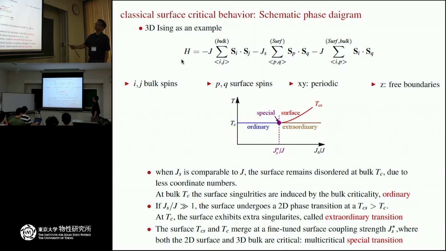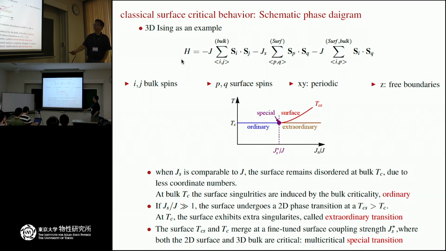You have a bulk part, this Ij, bulk spins, and you have a surface part, this PQ, surface spins, and they couple together. This is the surface-bulk coupling part. And here's the phase diagram.